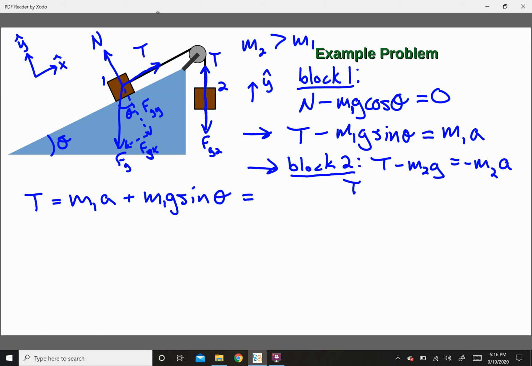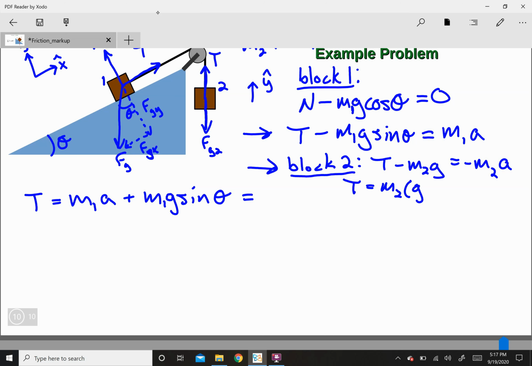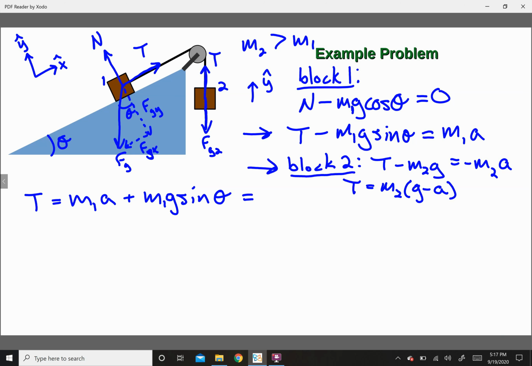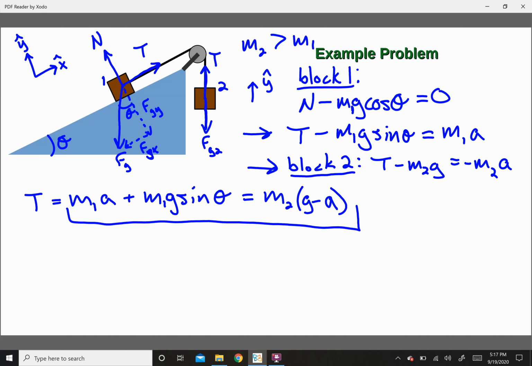If I solve for tension in this equation, I would have T equals m2 times (g minus a). And so I can set that equal over here, m2 times (g minus a). And then I can use this equation and solve for a if that's what I'm interested in. Okay, so let's say that I'm interested in a.